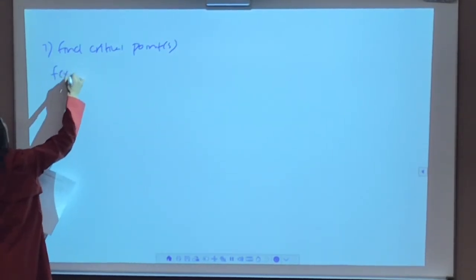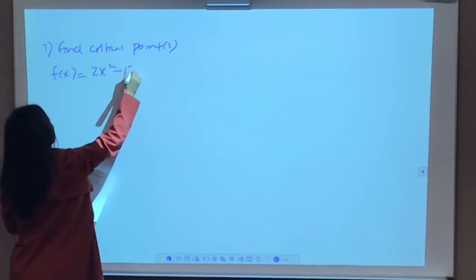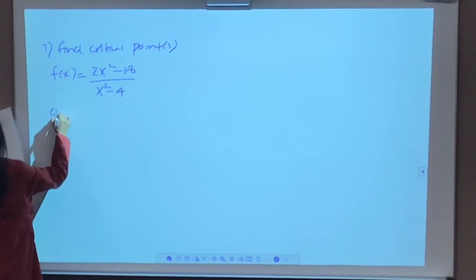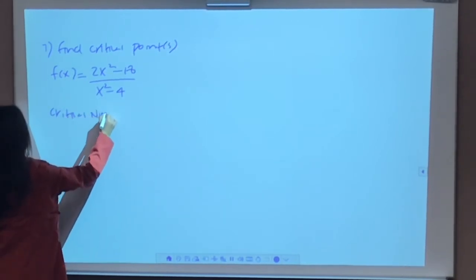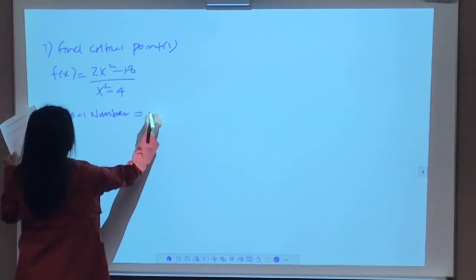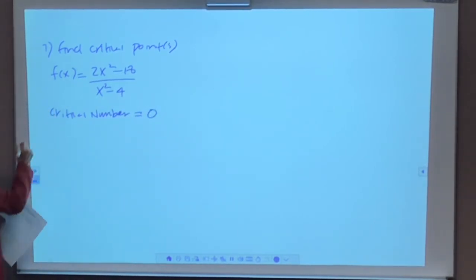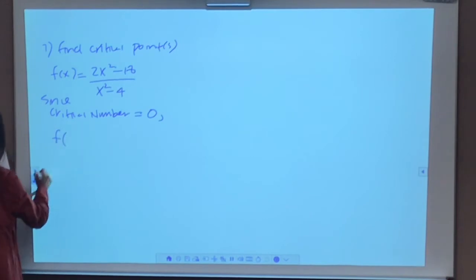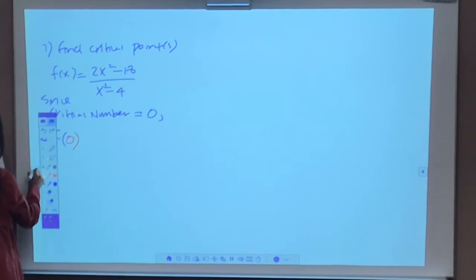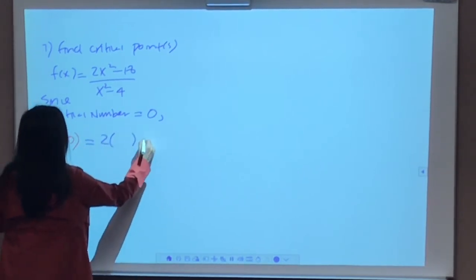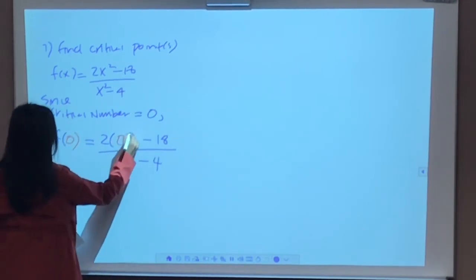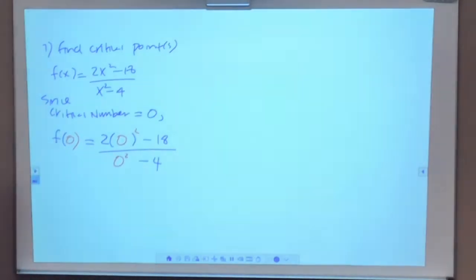So f of x is equal to 2x squared minus 18 over x squared minus 1. You know the critical number is 0, that's what we found. So since the critical number is 0, what's the critical point then? f of 0, so you have 2 times... Are you with me, class?